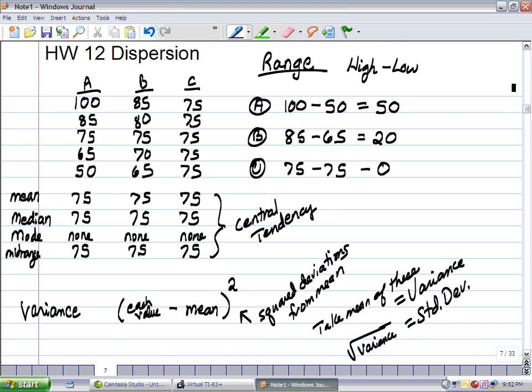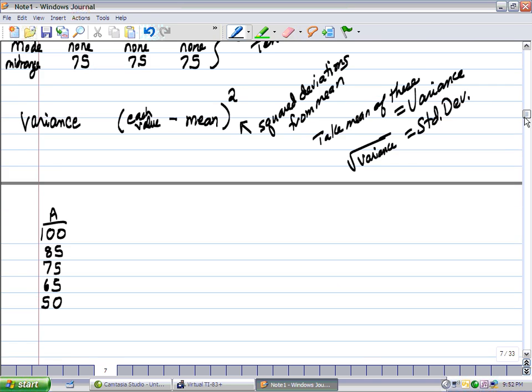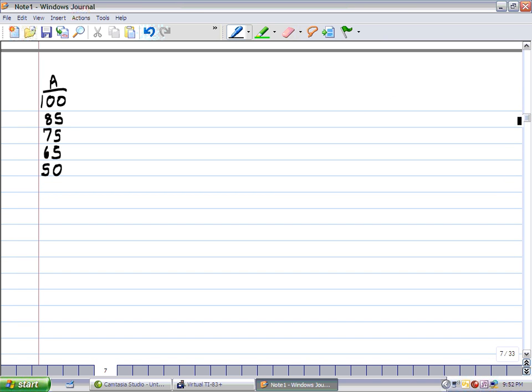Okay, let's look at an example. Remember, I've already found the mean of these. That's the first step, to find the mean. So let's look at A. By the way, C is going to turn out to be 0. So I've already found the mean to be 75. So I'm going to take each of these values and subtract the mean from it.